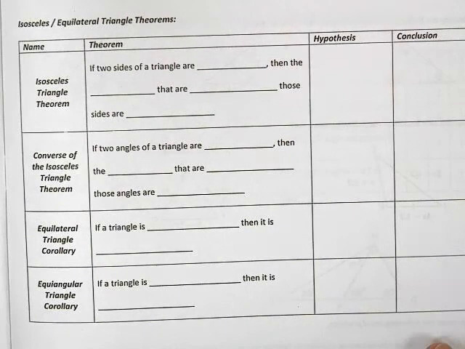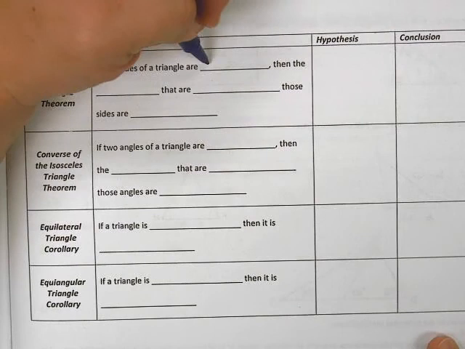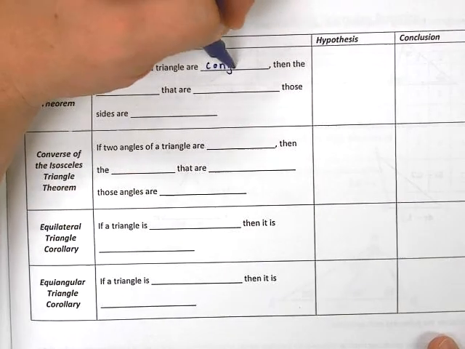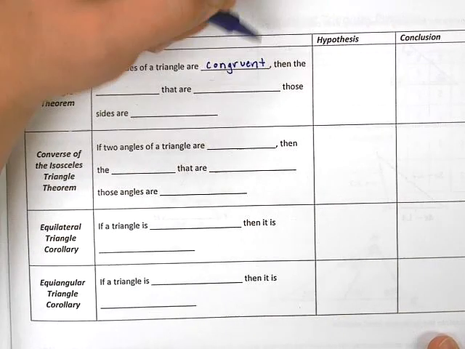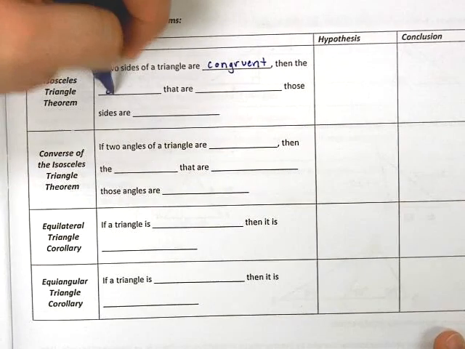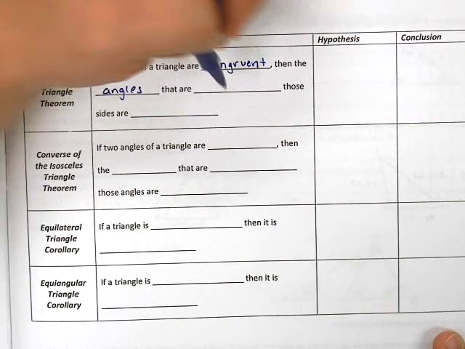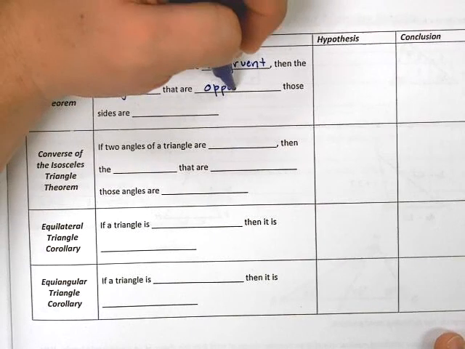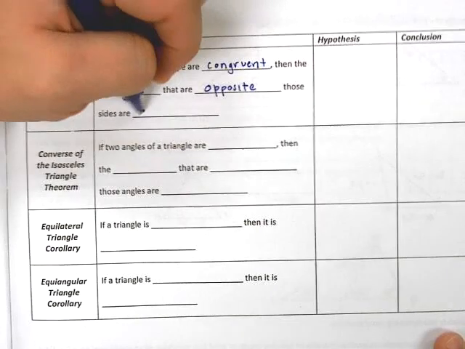If two sides of a triangle are congruent, then the angles that are opposite those sides are congruent.